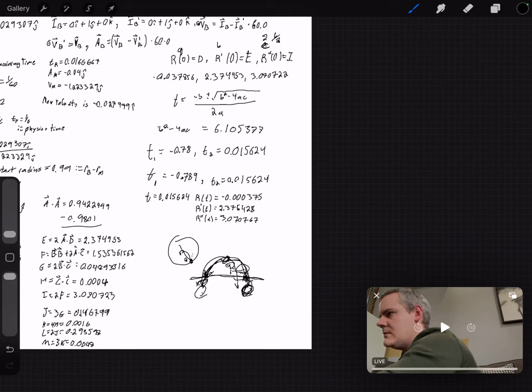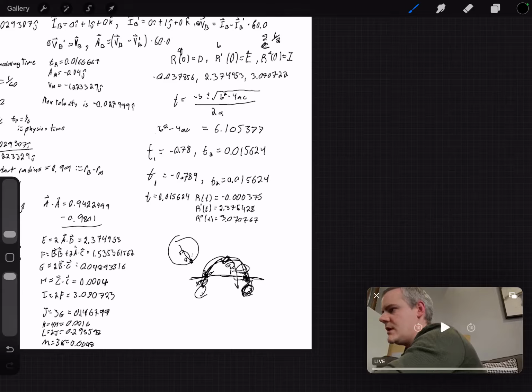Okay. My new T is 0, so something's gone wrong. How did this happen?